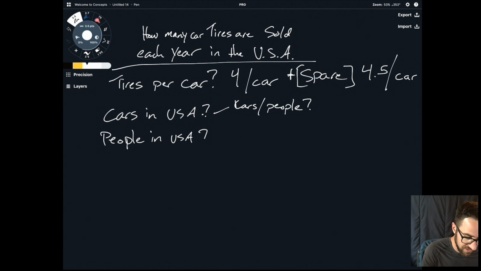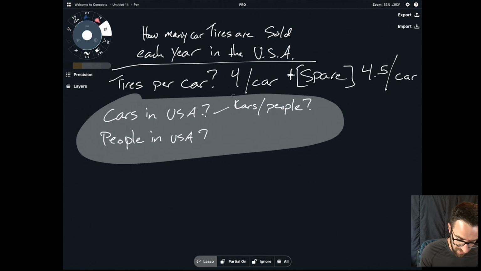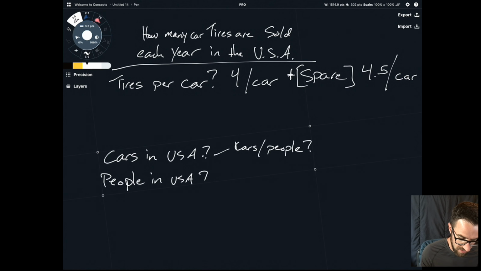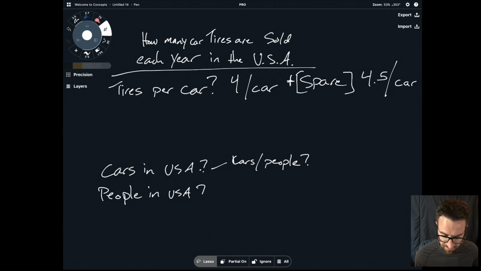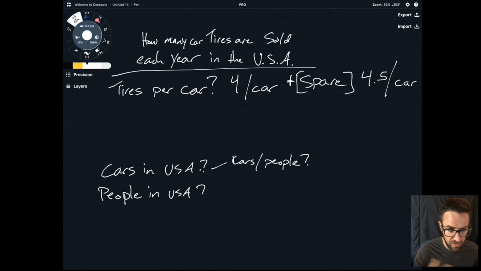Okay, and now that I'm thinking out loud here, we can have some intuition around cars and the tires on them. We do want to know the ultimate number of cars, because once we get to a number of cars, then we can do some math and just say, oh, this number times our 4.5 gives us the total number of tires.